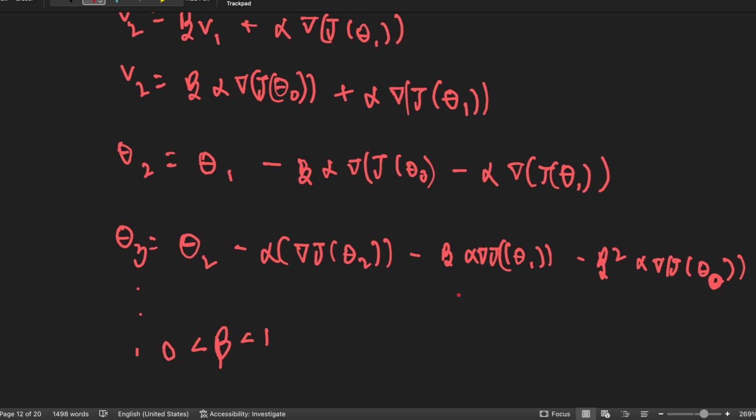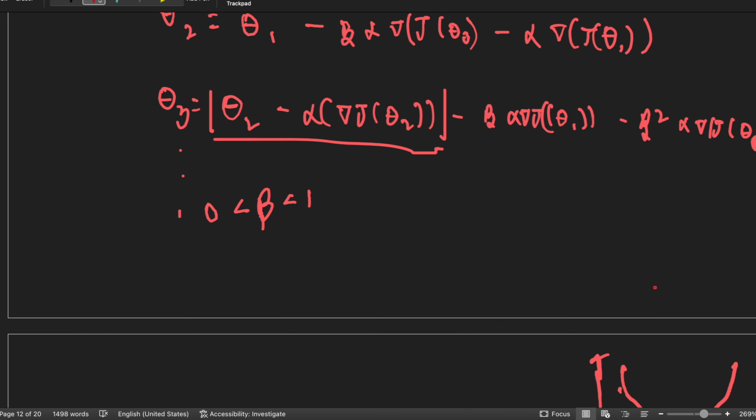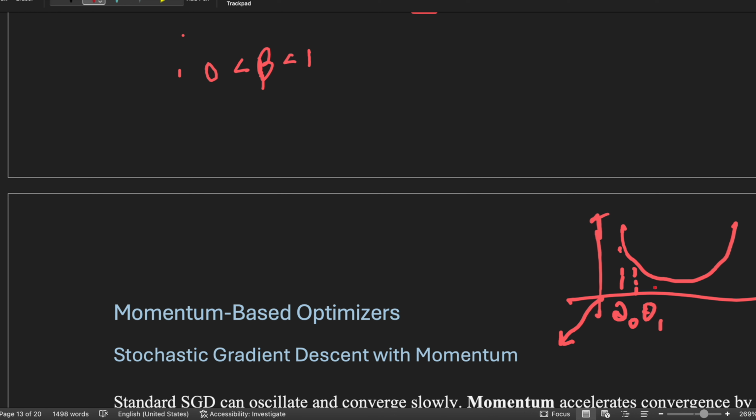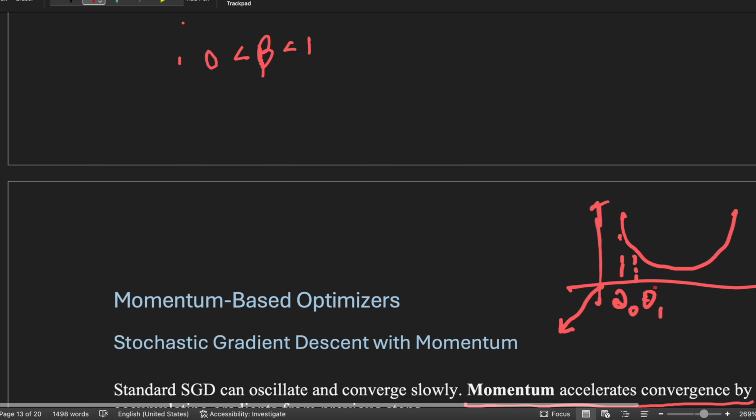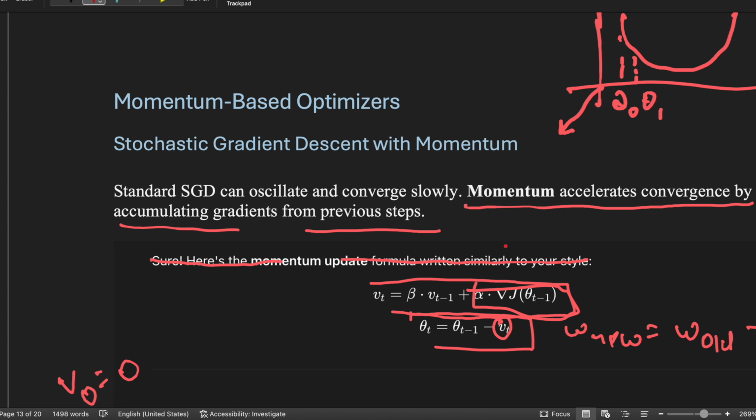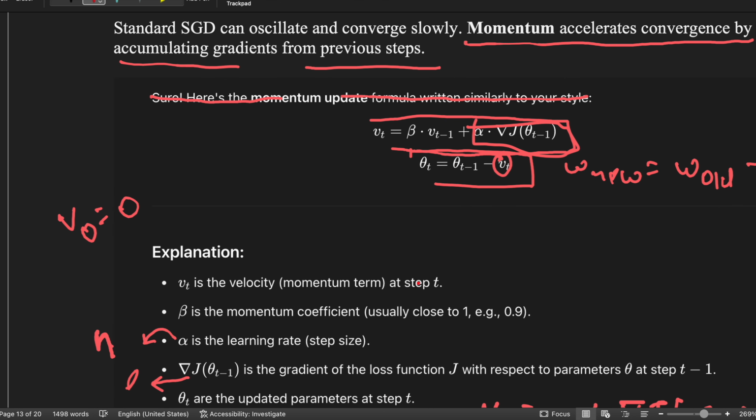In theta 3, if we were using simple SGD, only the term written here would have come. But in momentum, the previous gradients are also contributing, although their contribution gets smaller with further steps. That's why we can say that momentum accelerates convergence by accumulating gradients from previous steps.